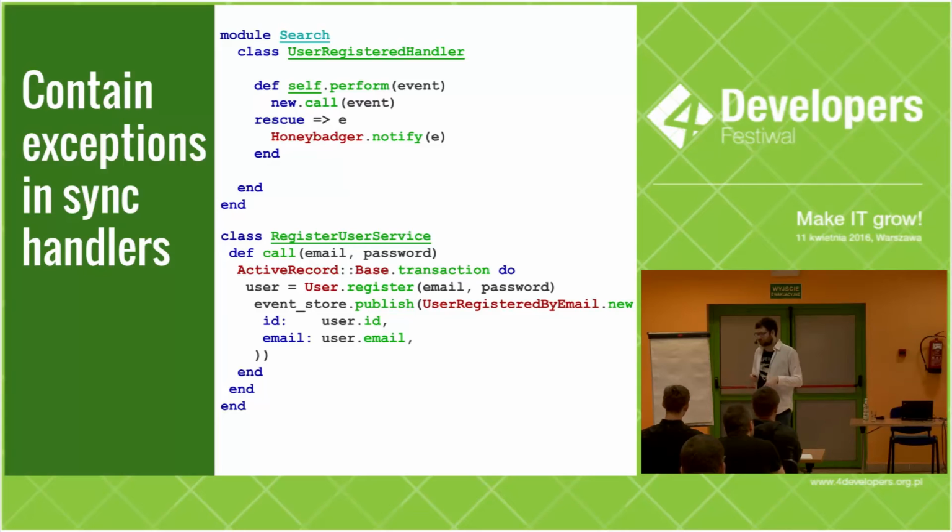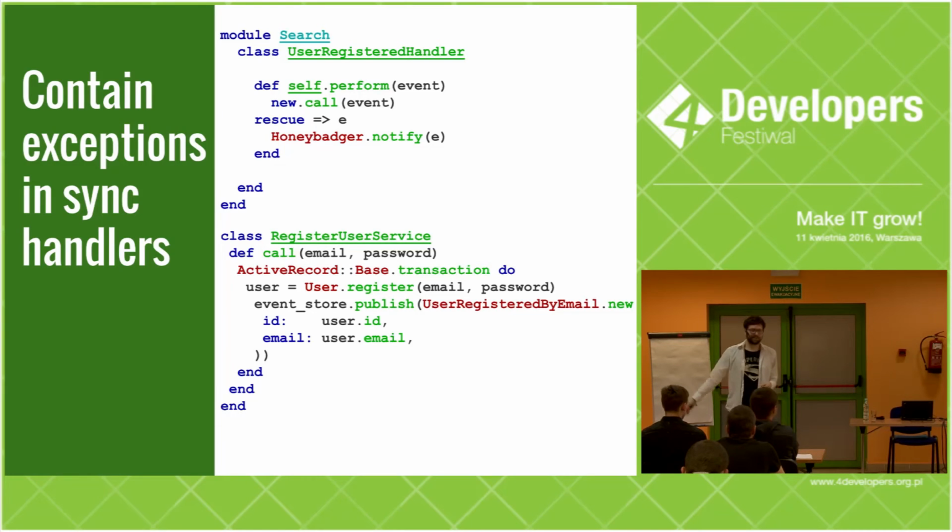And when you use a synchronous handler, you need to be really sure to catch the exception. Why is this important? Imagine that we have this register user service, which is creating the user and publishing an event. And we have all of this wrapped in a transaction because we want the event to be only saved when the user was actually registered. That's what transactions are for. And imagine that when the user registered by email event is published, the user registered handler in the search bounded context is triggered, and something goes wrong with Elasticsearch.